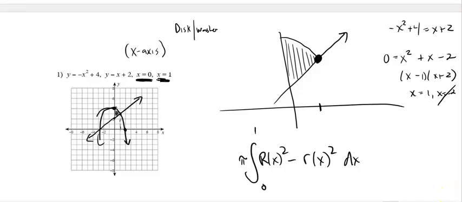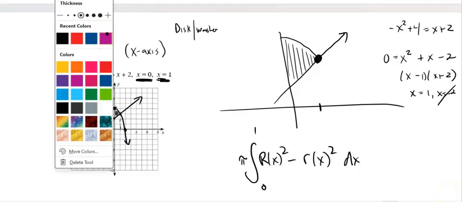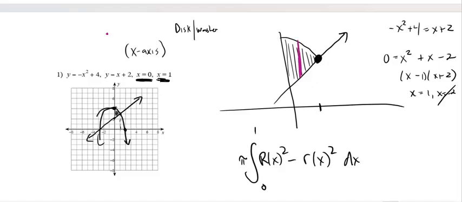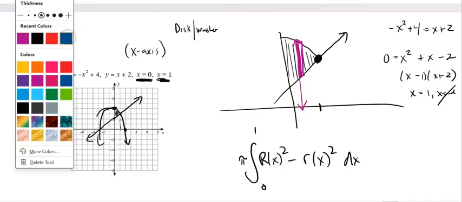The concept, the idea, you could just work the formula, but it always helps to kind of draw your little rectangle here, because big R is the distance from here to here. And then little r, of course, is the same idea.